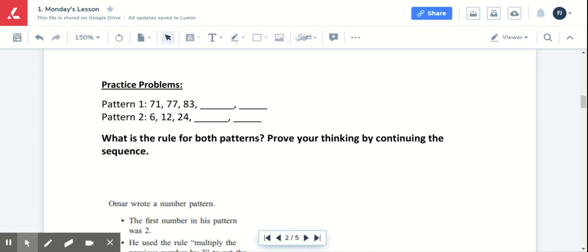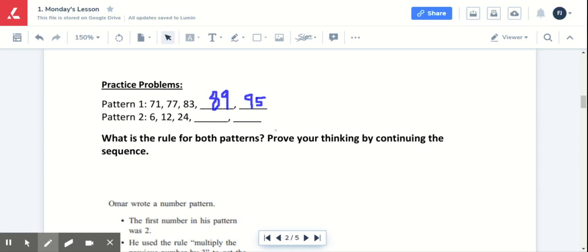We can clearly see that our rule here is to add 6. So if we add 6 to 83, we would get 89. And then if we add 6 to 89, we would get 95. Awesome. Pattern 2.